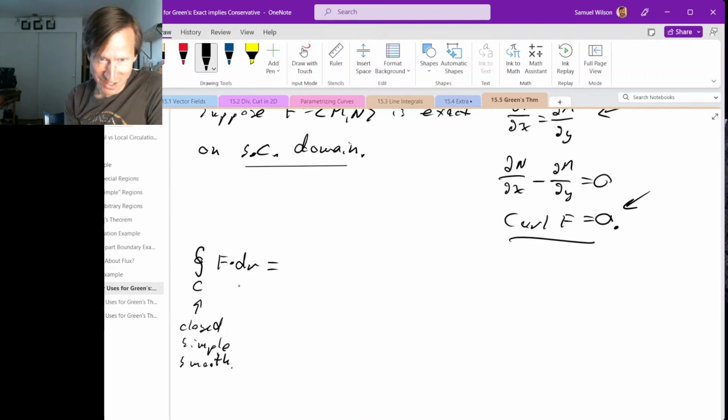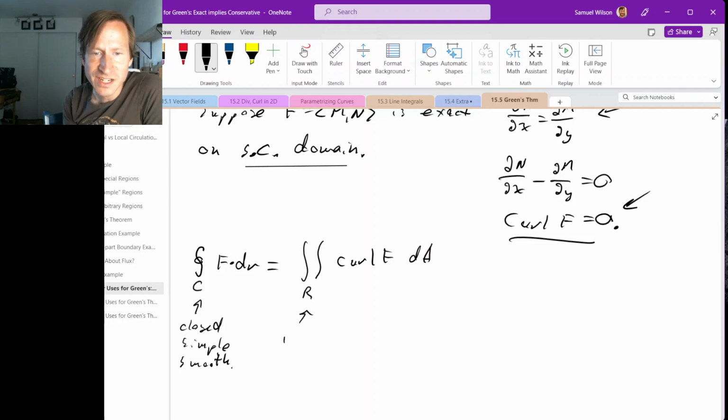So Green's theorem says that we can switch to a double integral of the curl of f dA over the region that is the interior of our curve C. And this we couldn't do if there were a hole in the domain, right?